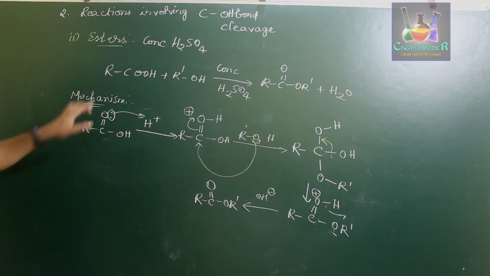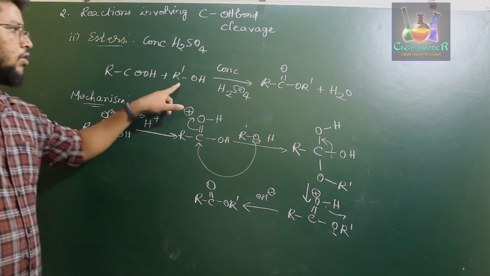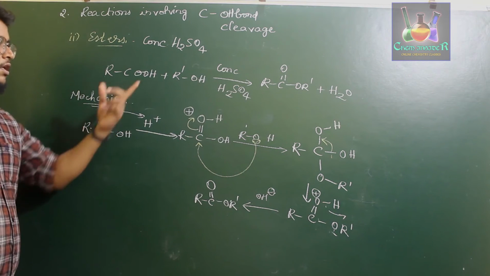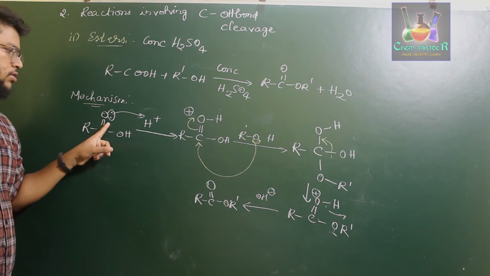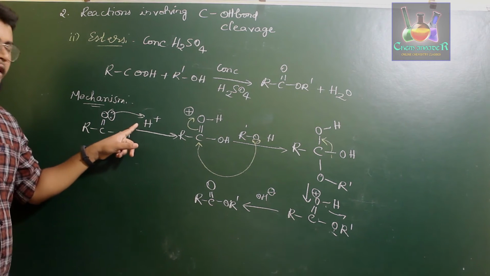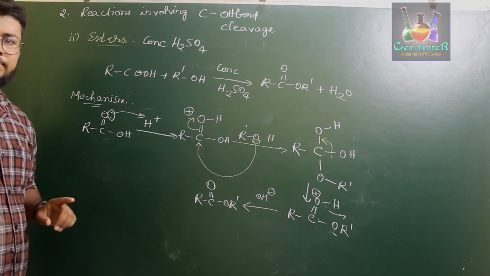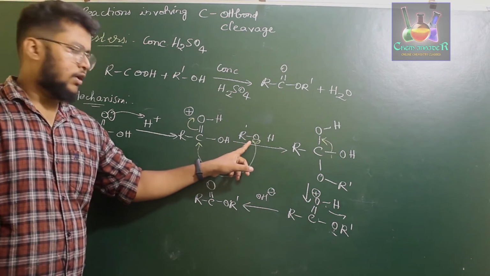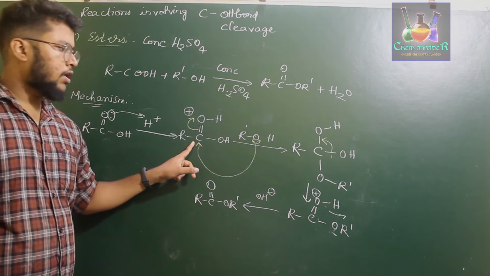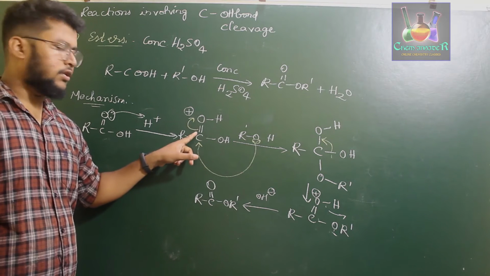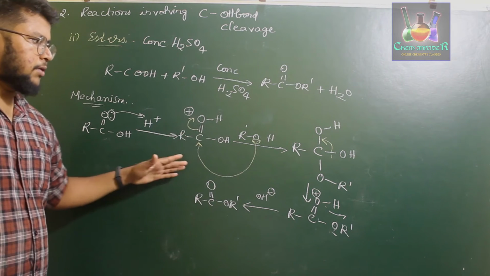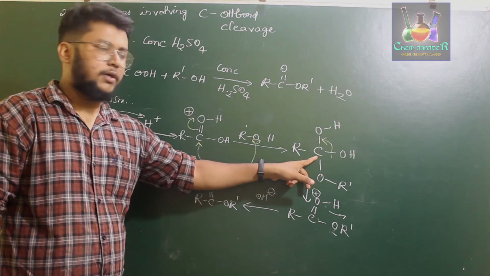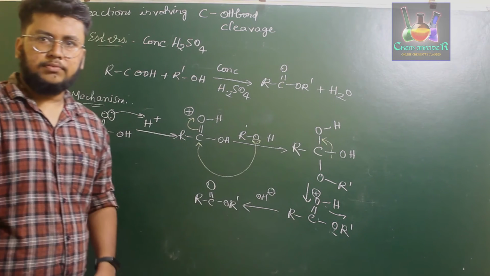So what happens here is, when you treat carboxylic acid with alcohol, we get ester. The mechanism is, when you treat the carboxylic acid under the acidic condition, the carbonyl oxygen attacks a proton to form OH plus, which results in the attack of the oxygen's lone pair of electrons on the carbonyl carbon, leading to the bond breaking between carbon and oxygen in the double bond. Even though it is not completely broken down, in the next step we observe carbon will be in the tetrahedral geometry where it has a diol.